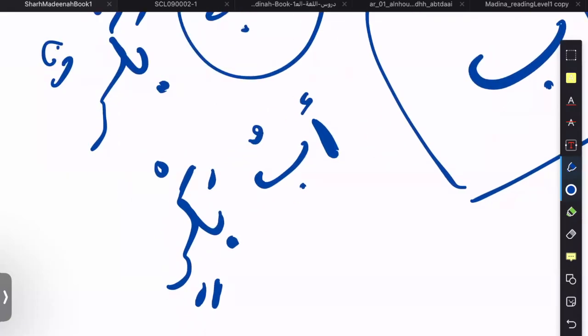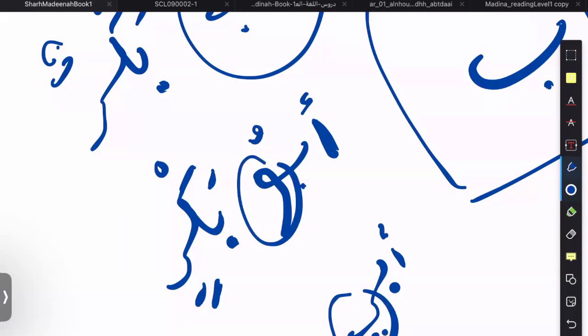Here you will see, the book already used it a lot, we just simply didn't talk about this one. We have to add an additional waw here, Abu Bakrin. And when it is fatha, we say Aba Bakrin. And when it's kasra, we say Abi Bakrin. So this additional letter shows up.